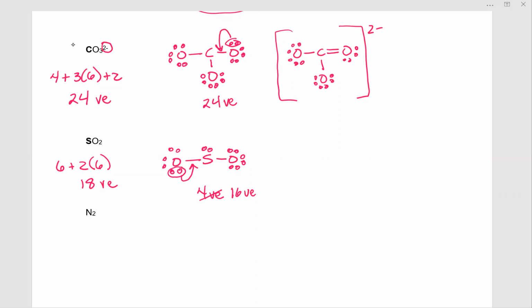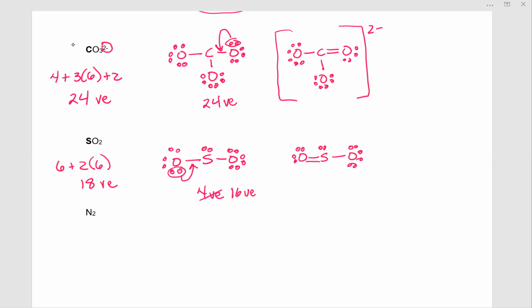So we're going to share a pair. And I'll go ahead and redraw this. Don't forget you get a little lone pair up there on the sulfur. And there is our shared pair. So that is sulfur dioxide.